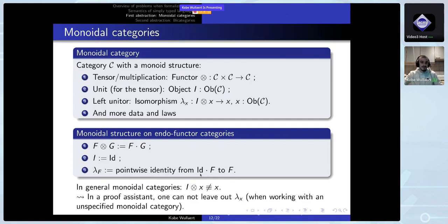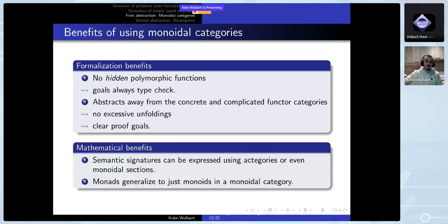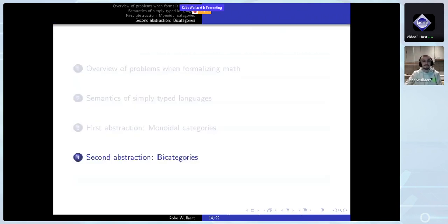If you work in monoidal categories, you no longer have this weird phenomenon, because what they call the unitor always needs to be there. So you no longer have hidden polymorphic functions. In particular, goals and subgoals always type check, and certain unfoldings no longer happen, because it won't, for example, unfold the definition of functor composition. You just consider it abstractly, and the proof goals are also much clearer.